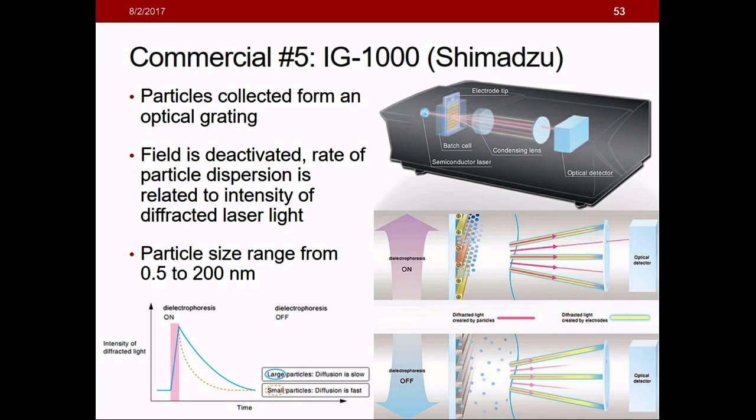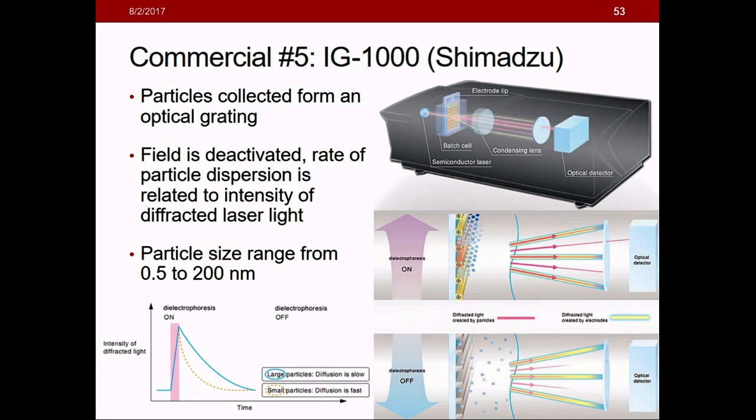When the dielectrophoretic force is deactivated, the particles will release, so over time you can monitor the intensity of diffracted light with respect to time. The larger particles move away slower, while smaller particles diffuse away faster, and from that you can determine the size of the particle.